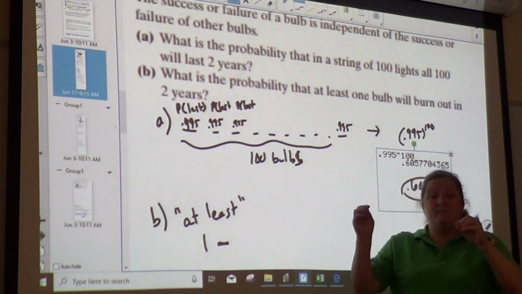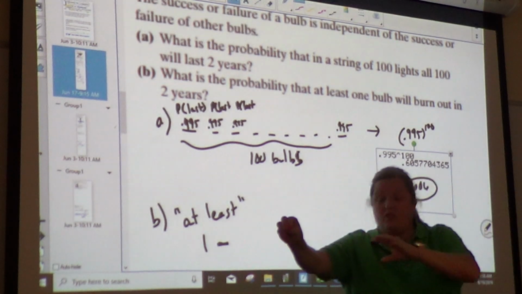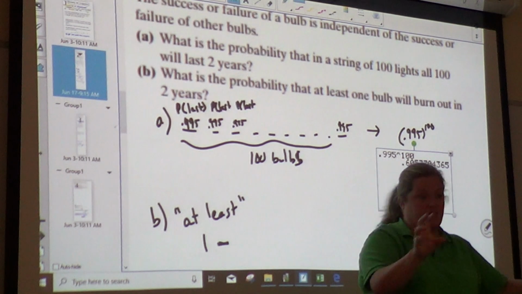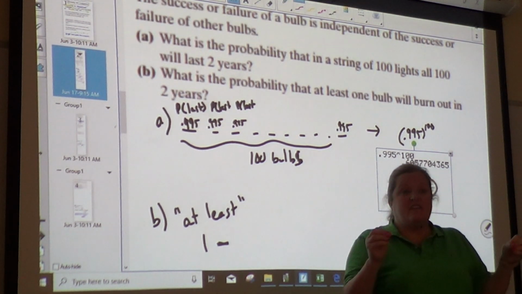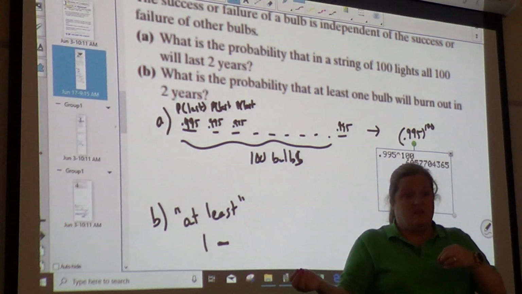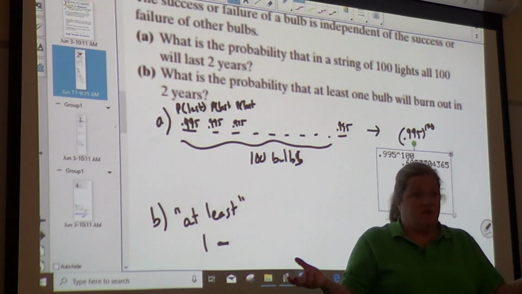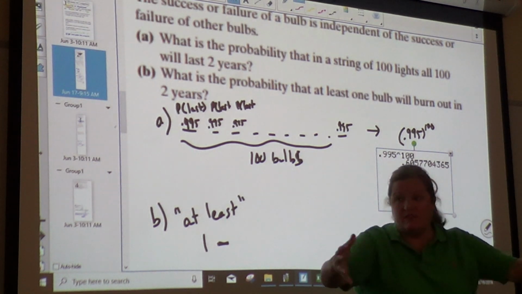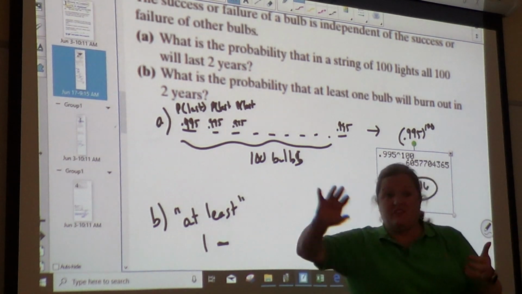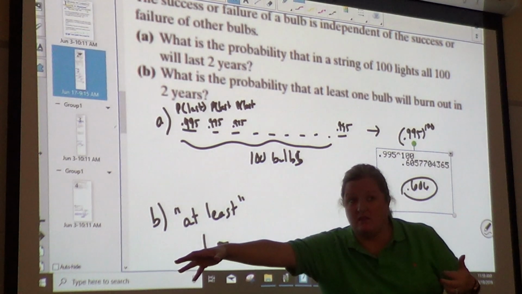There's a lot of things that would make us happy. The first one out, the rest are working. The second one out, the rest are working. Third one out, the rest are working. Fourth one out, the rest are working. But what's the only thing that would not make me happy? All of them working, right? So if I take out all of them working, then everything else would make me happy.